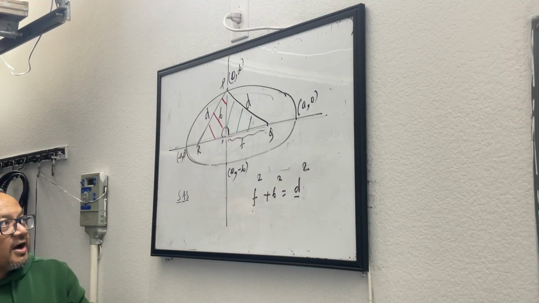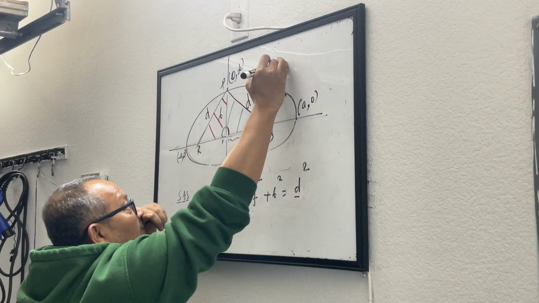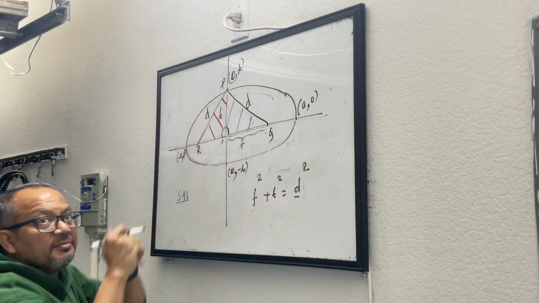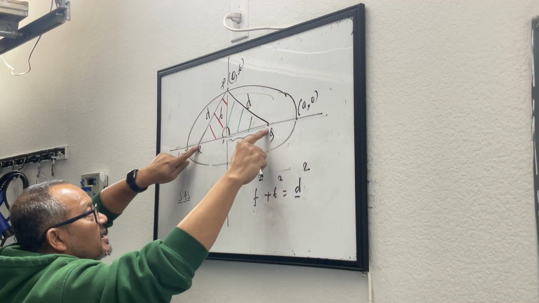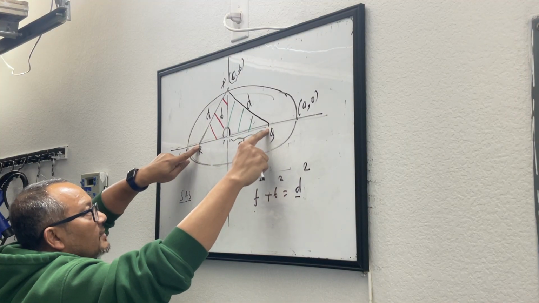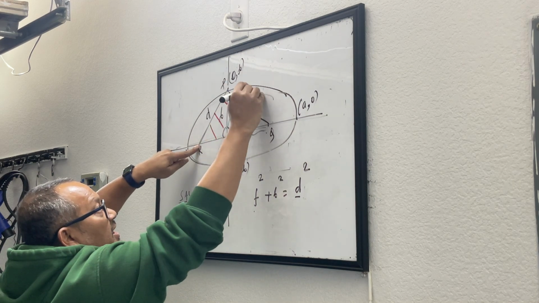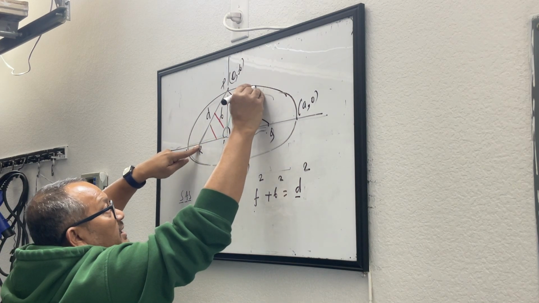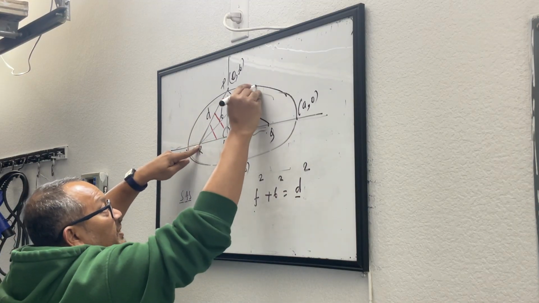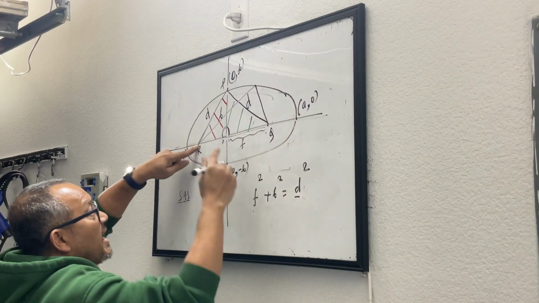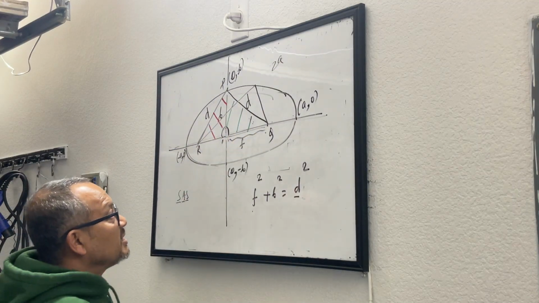Now this D, if we go by the definition of foci, says these are 2 symmetric points such that if you pick up any point on the perimeter of this one, this distance will add up to 2a, 2 times the major radius.